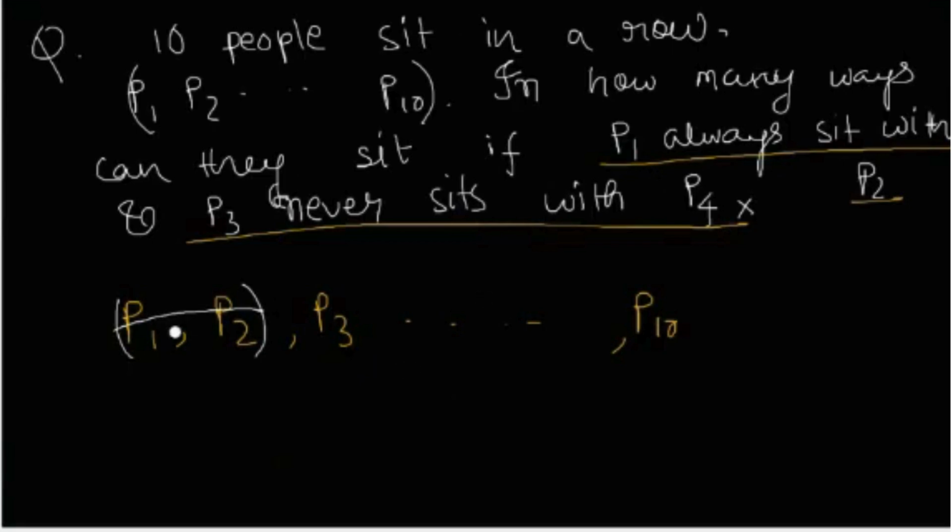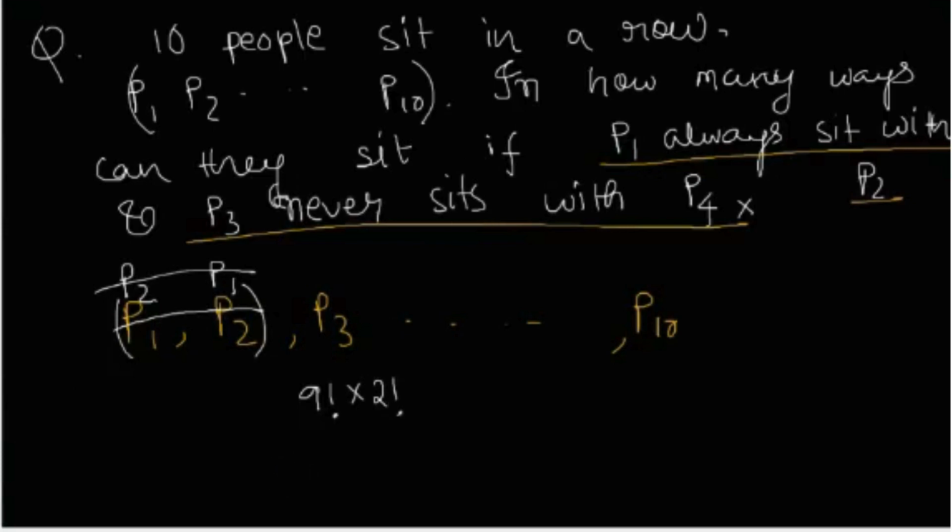Now what I want to see is, if P1 sits with P2 and I have no other restrictions, in how many ways can this sit? Yes, 9 factorial. But there is one more issue here: P2 can also sit here and P1 can also sit there. That is the internal arrangement. So the number is 9 factorial times 2 factorial, or simply 2.